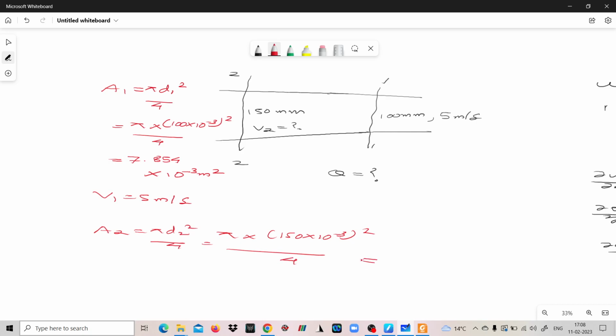This is approximately 0.0177 meter square.